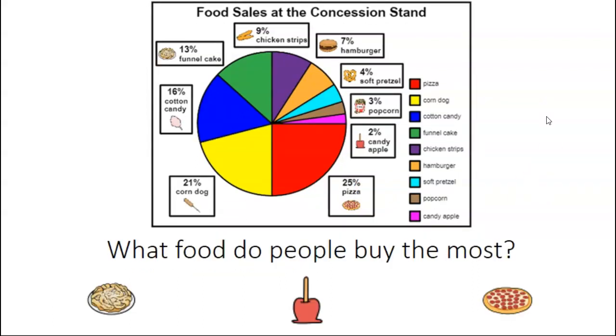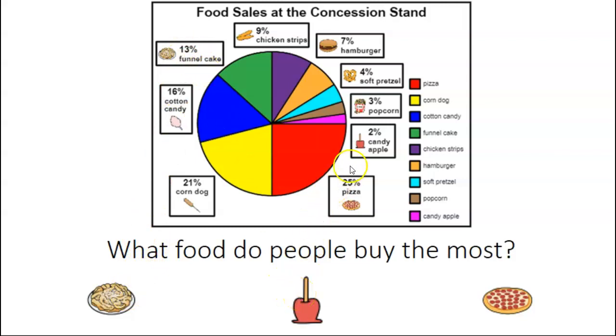Okay, our next question, what food do people buy the most? So the most means it is our biggest number. So you can look for the biggest slice of the pie chart, or you can look for the highest percentage. Is it funnel cakes, which is right here?